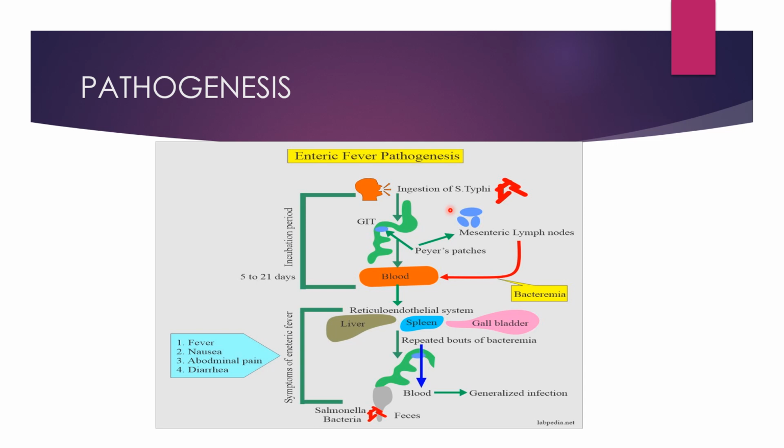Now, there is supposed to be phagocytosis by the polymorphs and the macrophages, but Salmonella typhi or Salmonella paratyphi resist this intracellular killing, enter the mesenteric lymph nodes and multiply. After the multiplication, they enter the bloodstream via the thoracic duct.